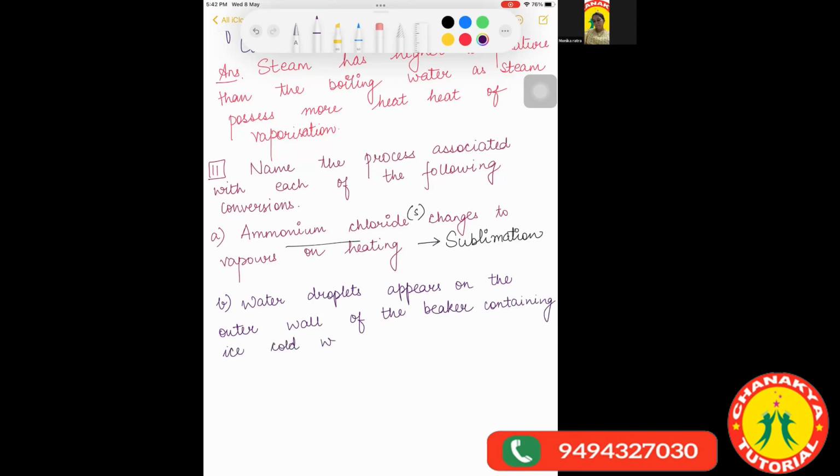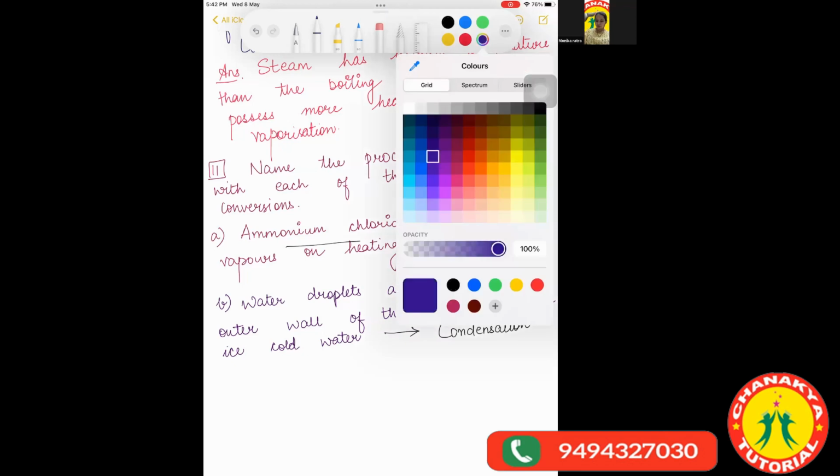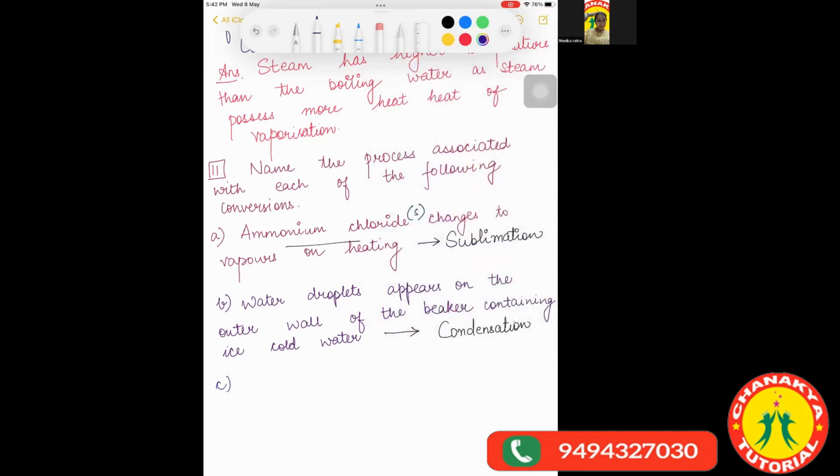Akshara, ma'am, condensation. The answer is condensation. Next question. Solid wax on heating changes to liquid wax.